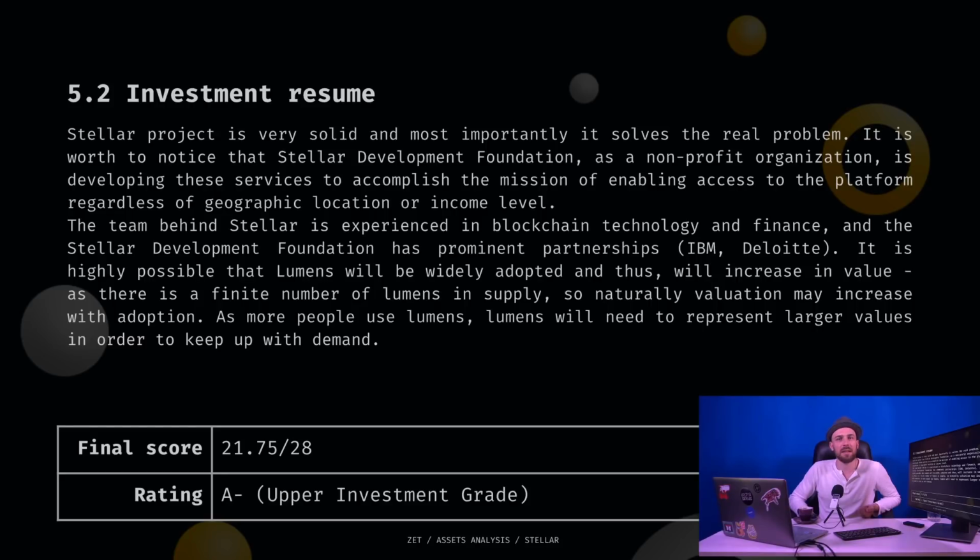We also see that there is a fierce competitor in the market right now, and the market is not very easy to enter and to conquer. But anyway, Stellar has good chances, and it gets 21.75 points out of 28 according to our methodology. And we rate it as A- with upper investment grade.